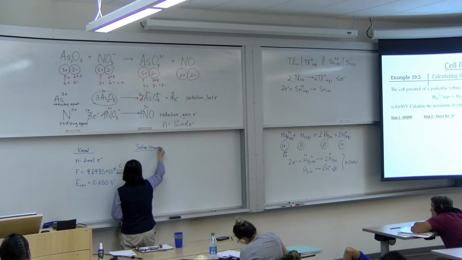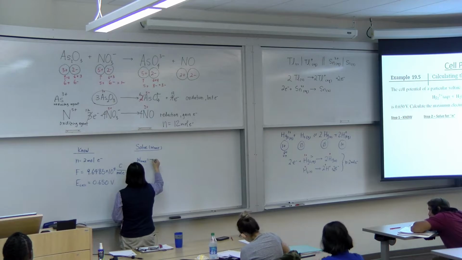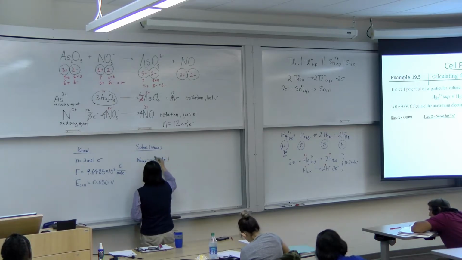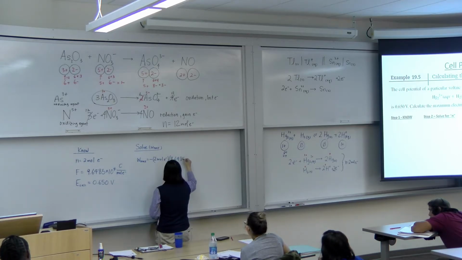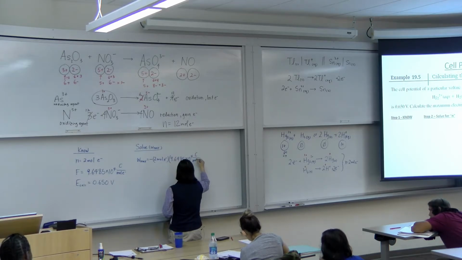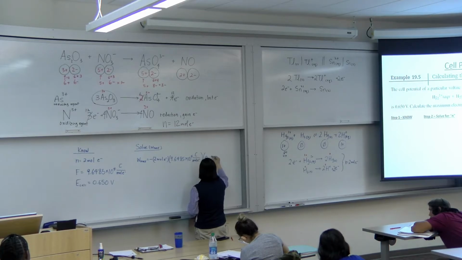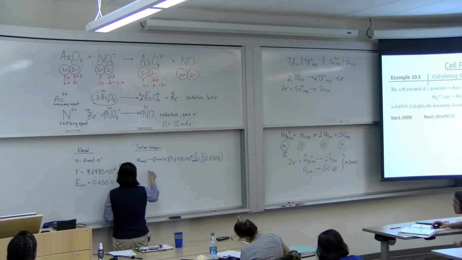W max is equal to negative 2 moles of electrons times Faraday's constant times our E cell, 0.650. Okay, what does this come out to?